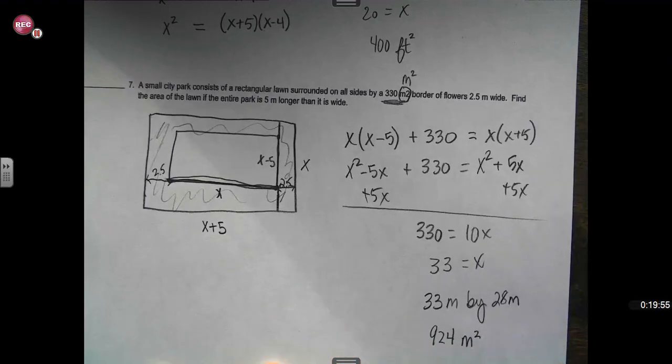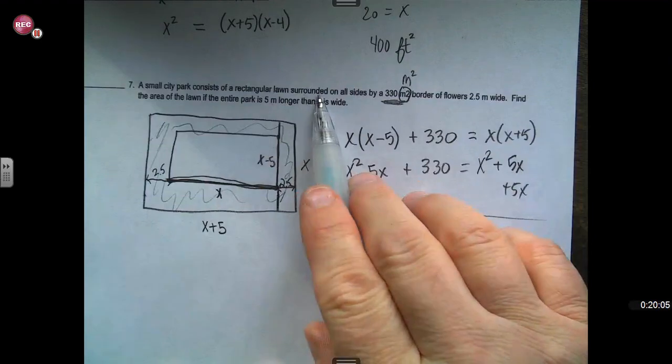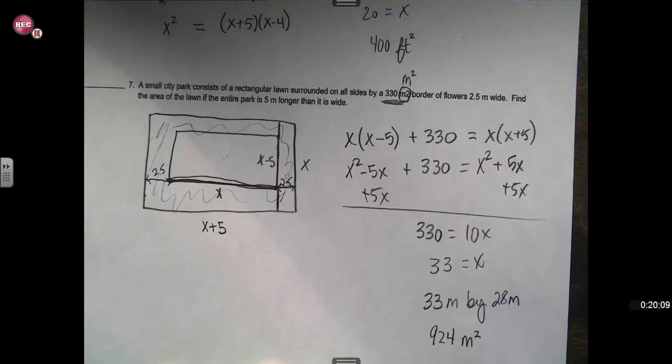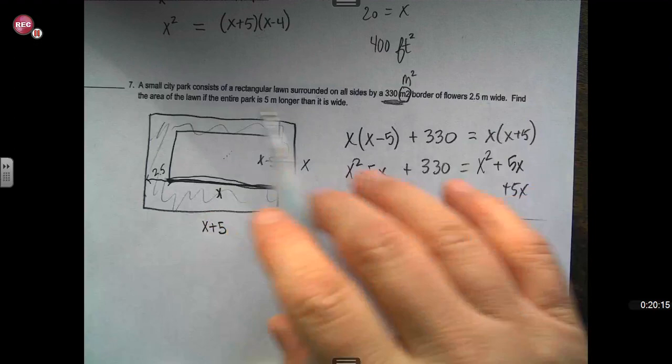is the area of the, hold on, I think I did that wrong. Small city park consists of a rectangular lawn, that's this, surrounded on all sides by a 330 square meter border. Find the area of the lawn.